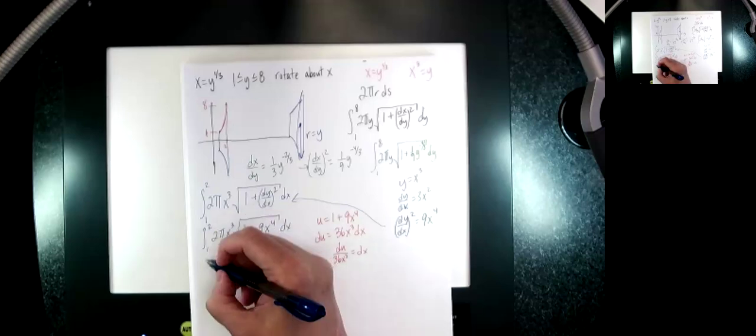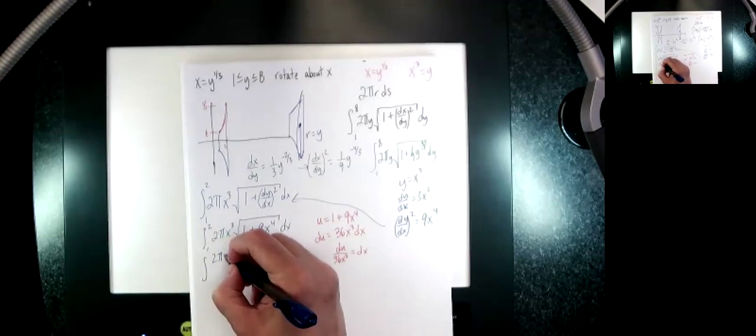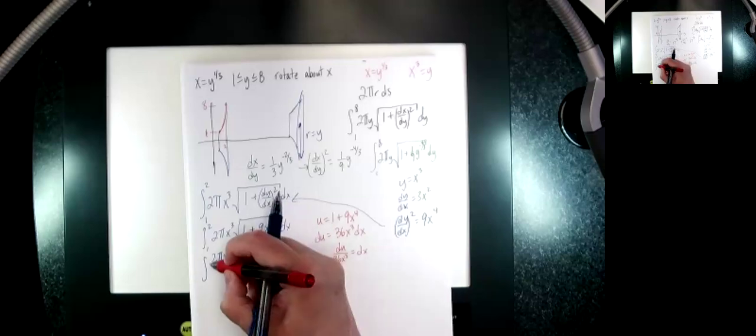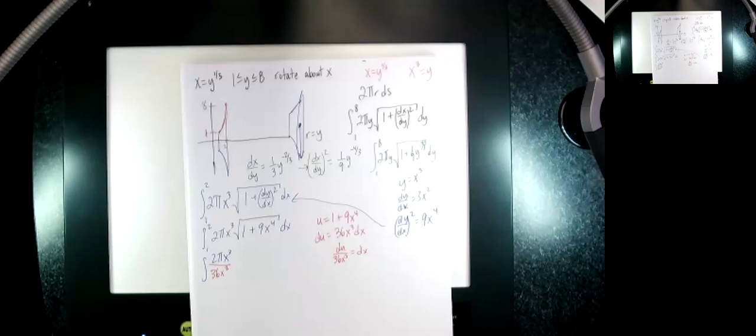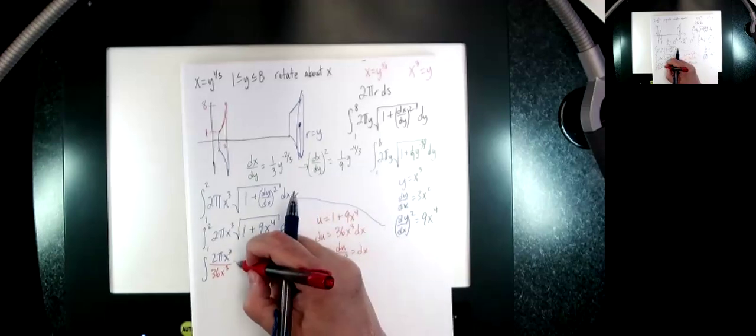And so I've got 2 pi x cubed, putting the 36x cubed here. And then I've got the square root of u again.